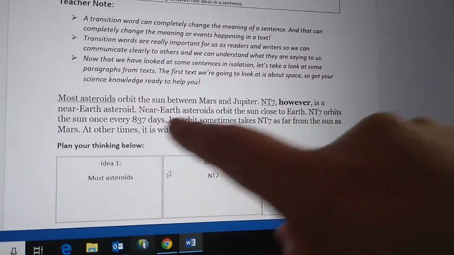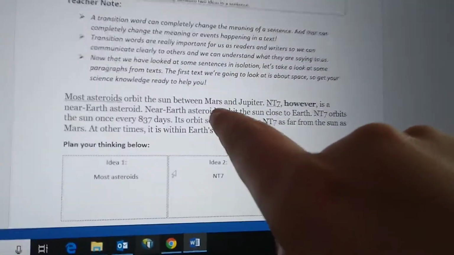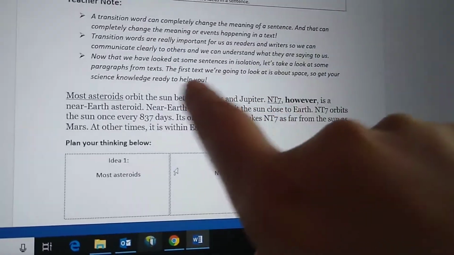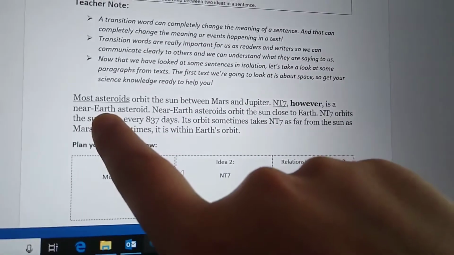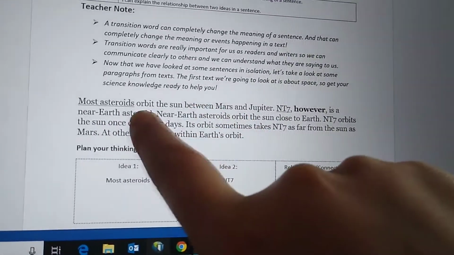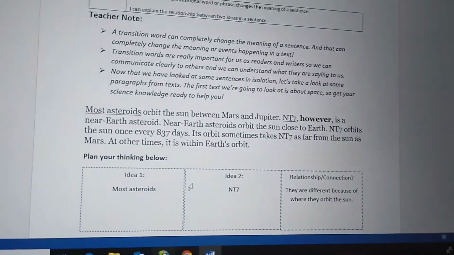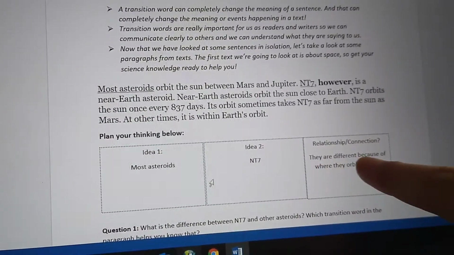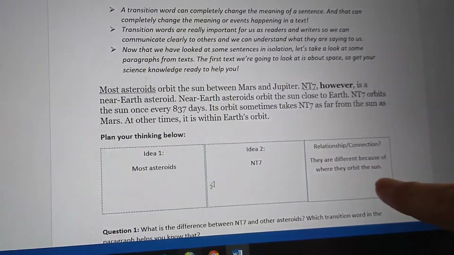So we can see that these asteroids orbit between Mars and Jupiter, and then this other asteroid orbits near Earth. So we can see that they are different because of where they're orbiting the sun. So when we go to the relationship, we're going to say that they are different because of where they orbit the sun.